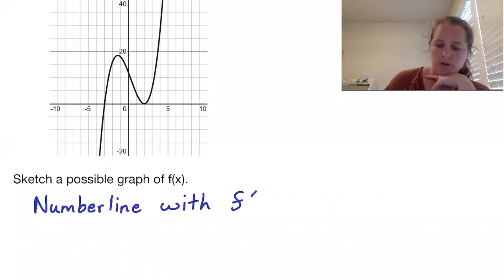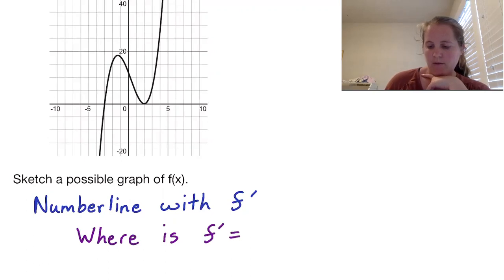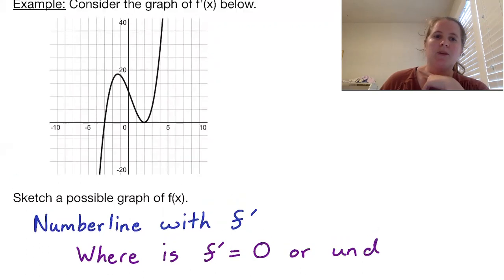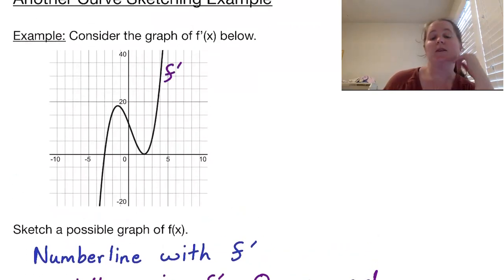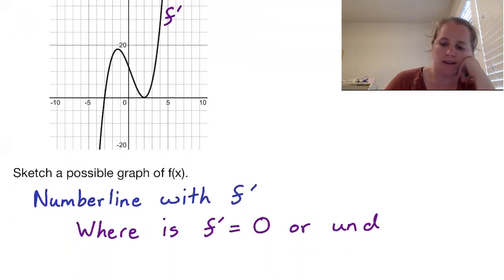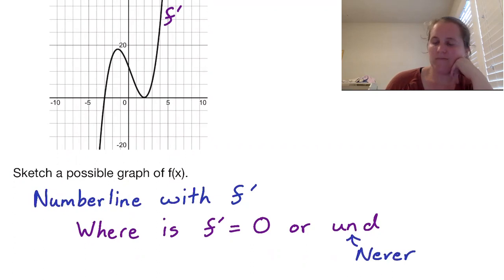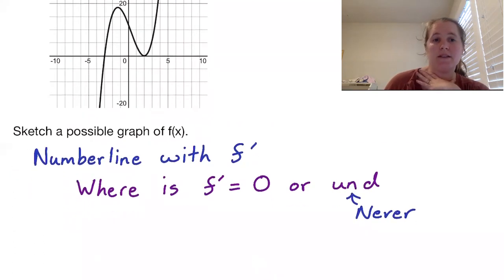We want to know where f prime is equal to 0 or undefined. Based off this graph of f prime, it doesn't look to be undefined anywhere, at least not where we can see. So we're never undefined. But we can see that it's equal to 0.